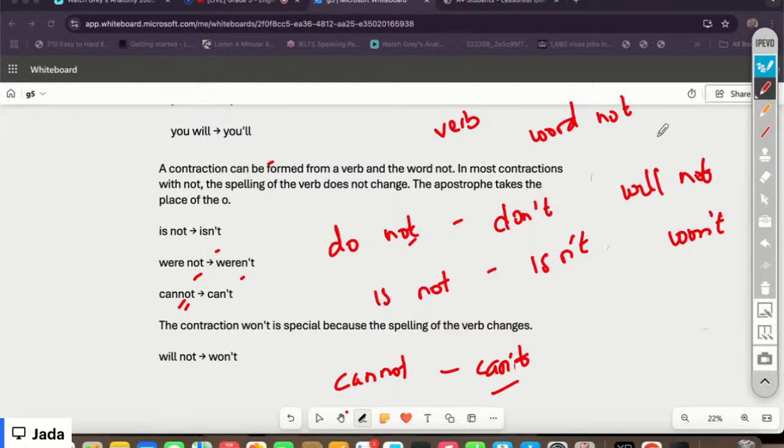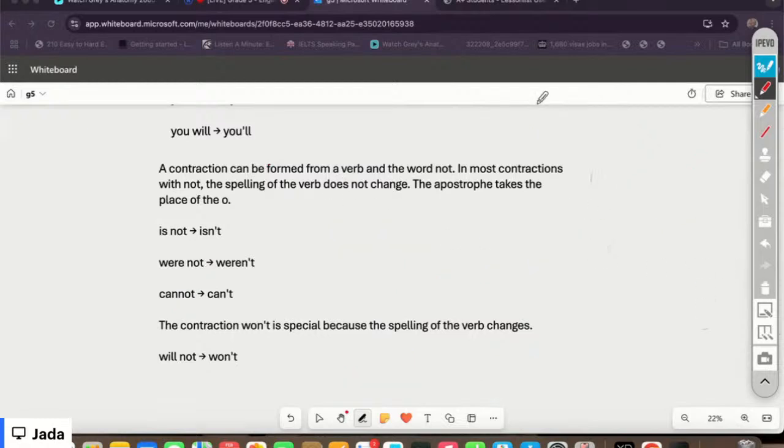All right, so you can share with me some contractions that you know. So share with me some contractions that you know in the chat. Just share some contractions and then yeah, we can write them. So we have the first one which is wasn't.